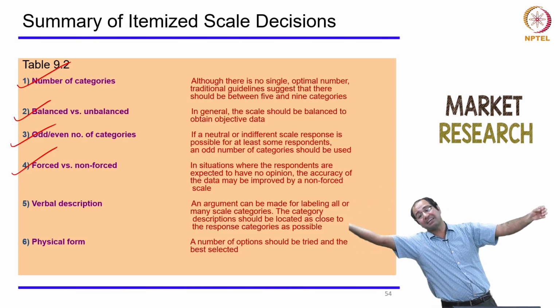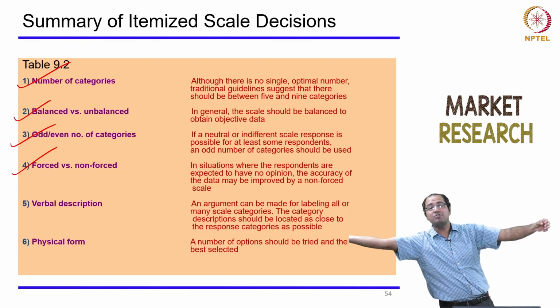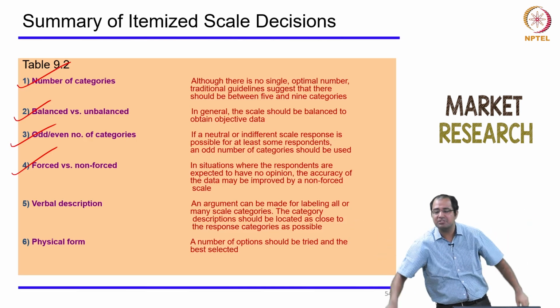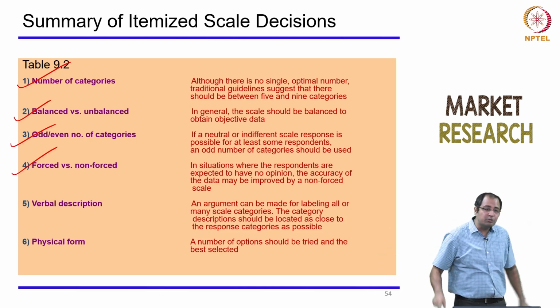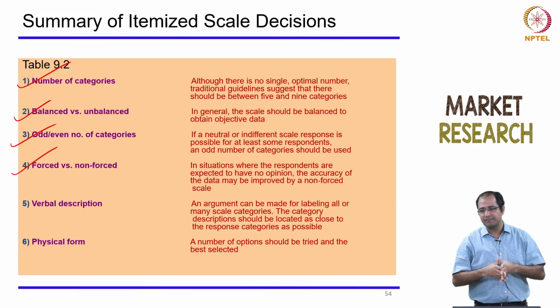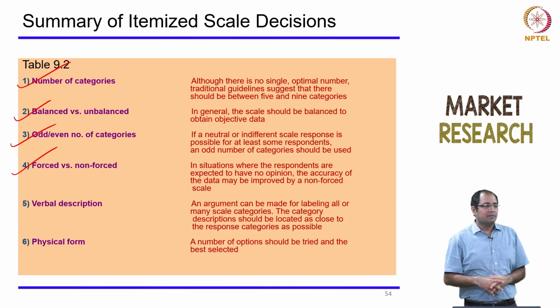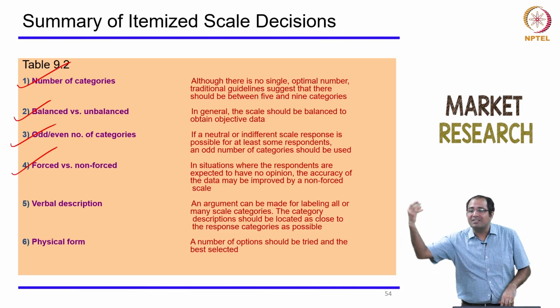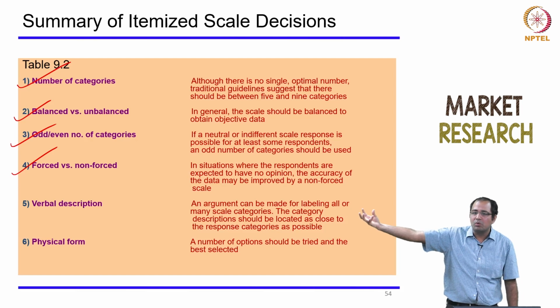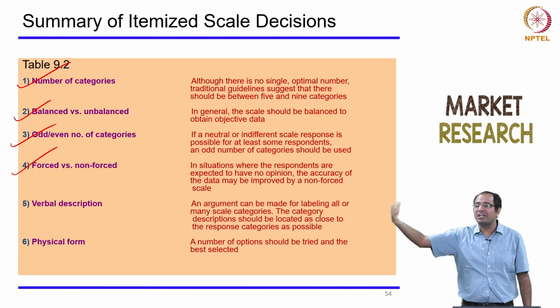If you give another category, that will become non-forced. Forced is when you give only 5 and they have to express their opinion. We use the forced one, not the non-forced one, because when somebody marks the category I do not know, that will not be a useful response.